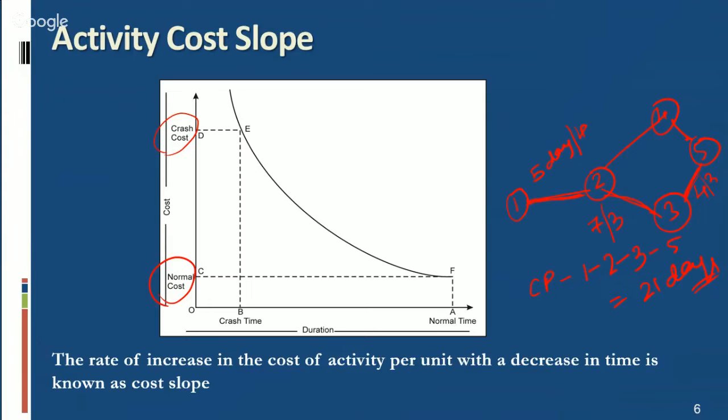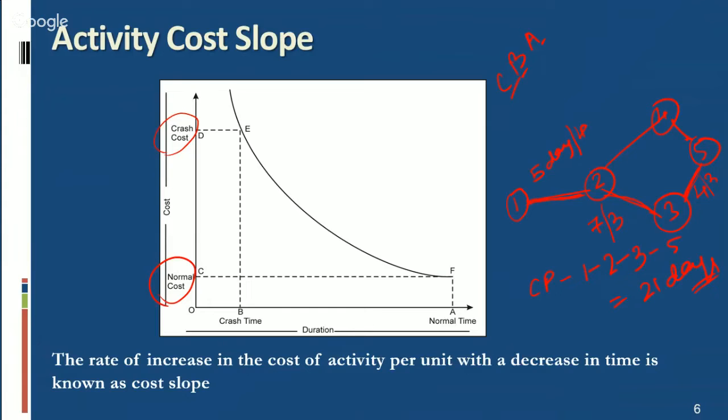But to shorten the time of any activity, it will cost something. The management has to incur some cost to reduce the time. Here we have to decide by how much we should reduce the time, and actually we do a cost-benefit analysis of how much we are incurring and how much we are getting from crashing the project.